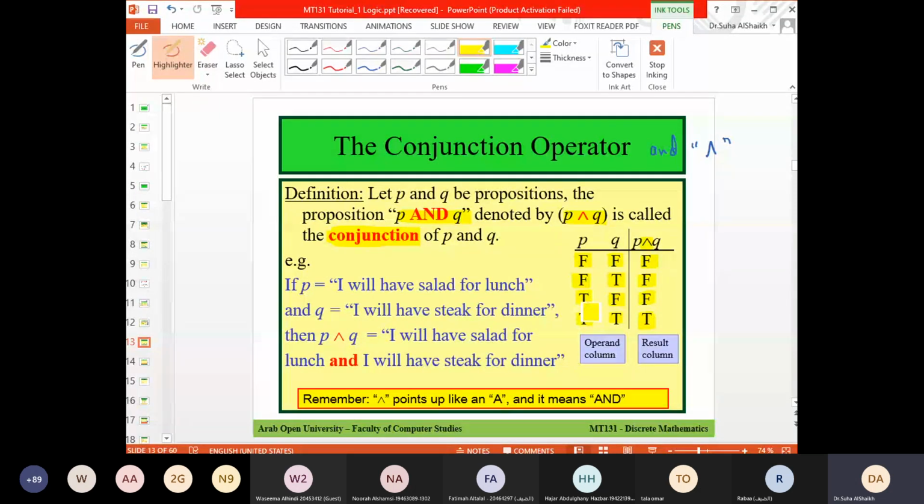Let me give you an example. I'm gonna have a party if Ahmed gets an A and Mohammed gets an A. What does my statement mean here? I won't have the party unless Ahmed gets an A and Mohammed gets an A. Both of them must bring me the A. Both must be true for me to have a party, right? If Ahmed got an A and Mohammed didn't, no party. If neither of them got an A, no party. So I'm only gonna have a party if both of them got the A. So the and is strict like this. I always say the and is very strict.